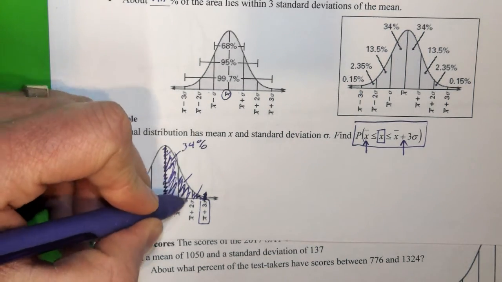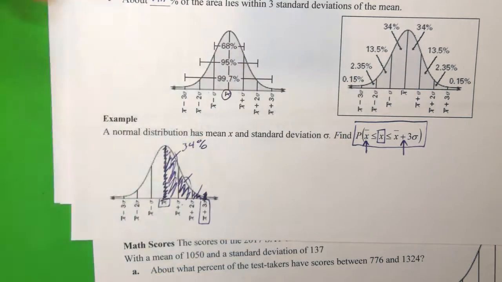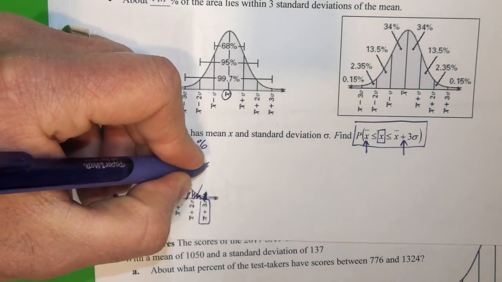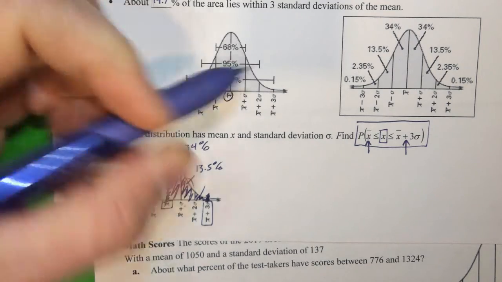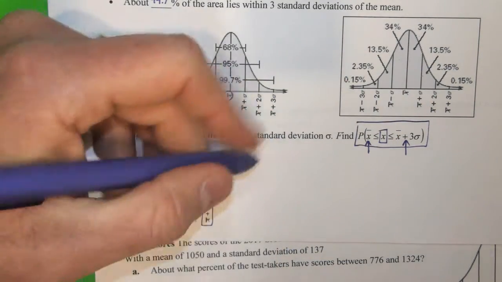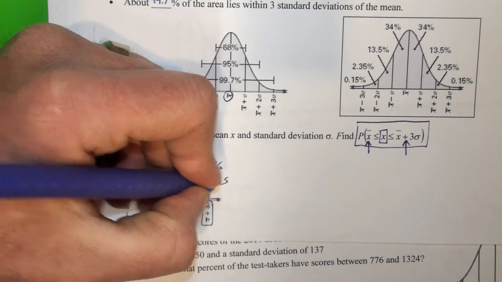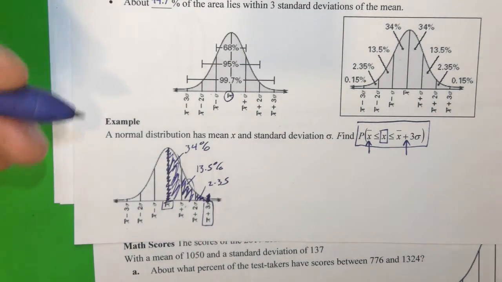This medium height bar that we have right here will always match this medium height bar, which is always 13.5%. And this short bar right down here will always match with this short bar right here, which will always be 2.35.